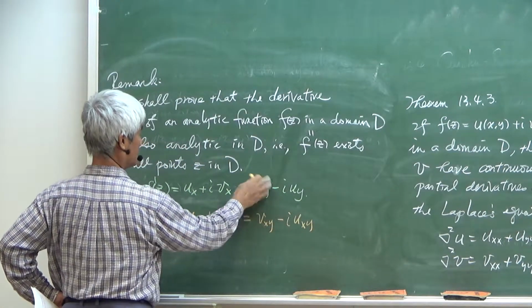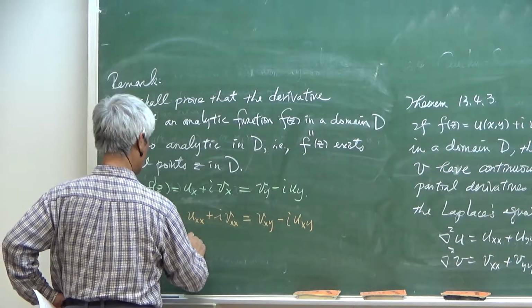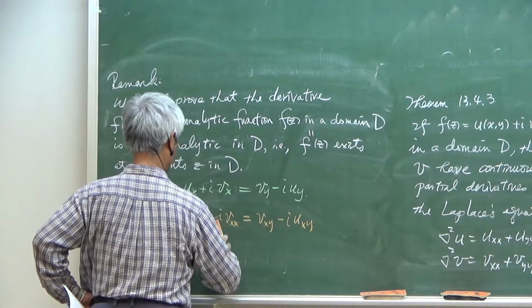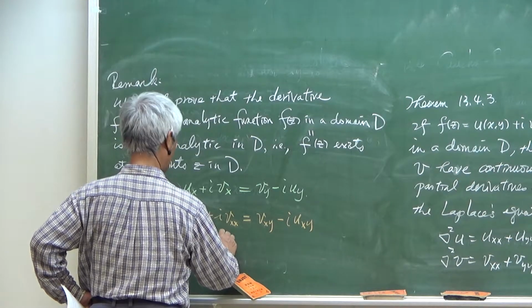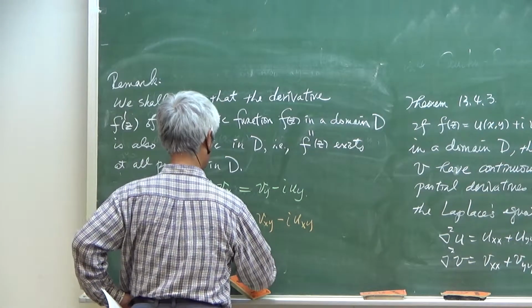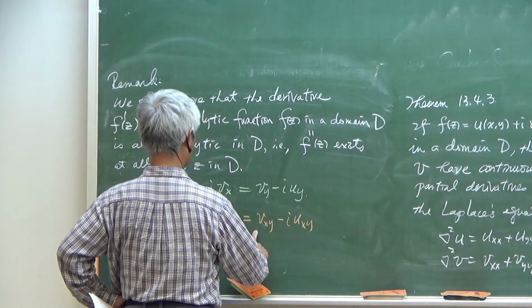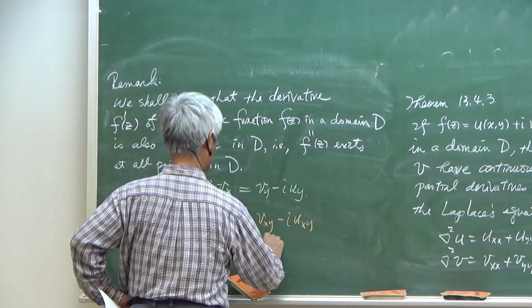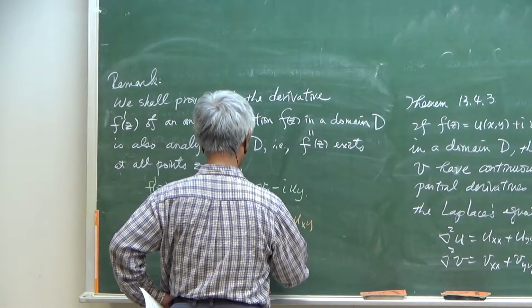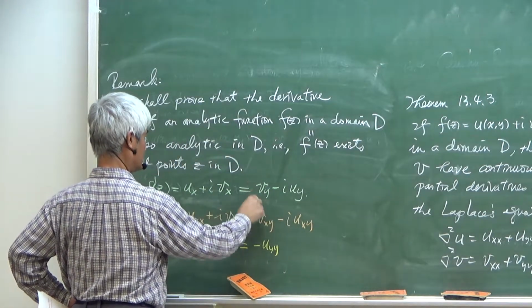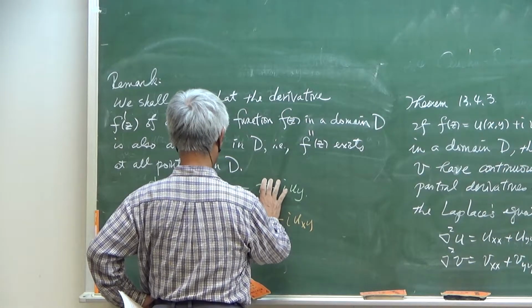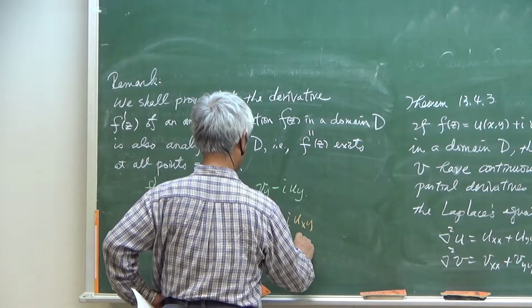This is our u, so we have u_x, and then i, we have u_x again, or we will use minus u_y, and then minus i u_y.